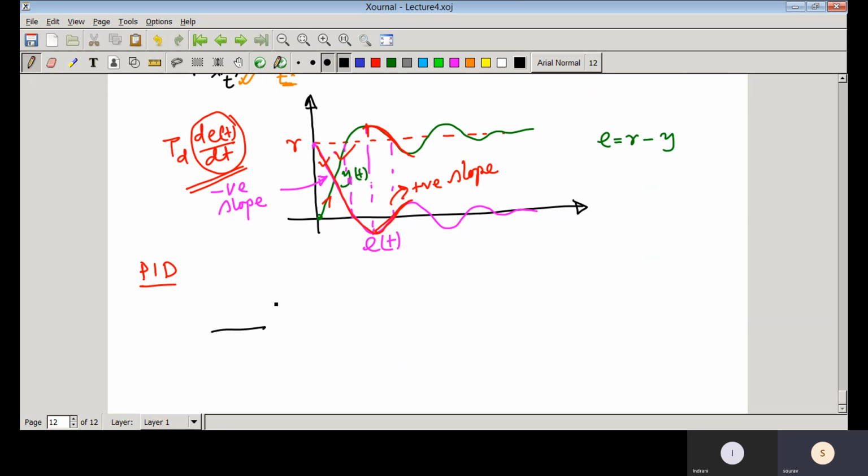That is the error signal, say this is the error signal e(t), and then this is Kp, the proportional controller, and here you have the integral controller, and here you have the derivative controller. So now I have put Kd, that is called the derivative controller gain.